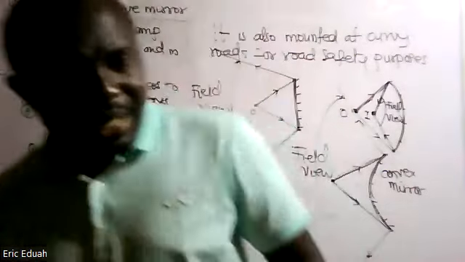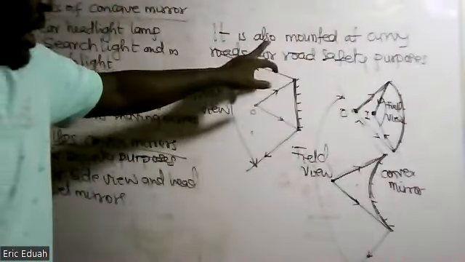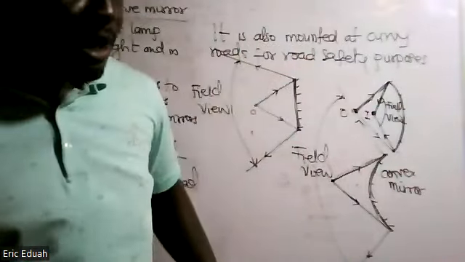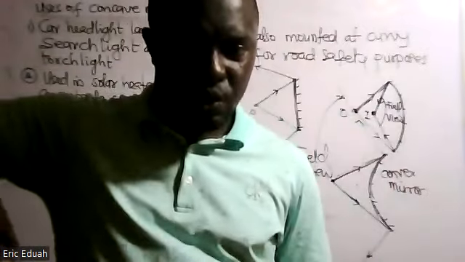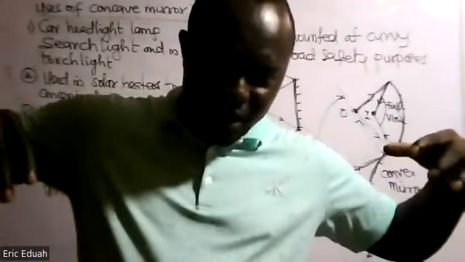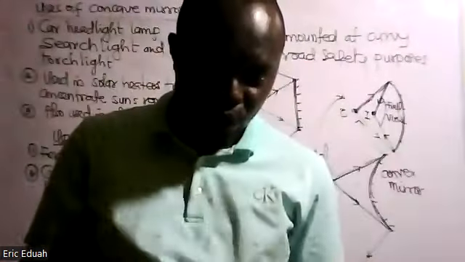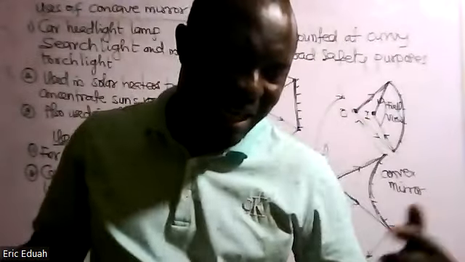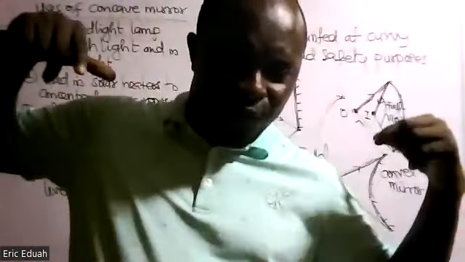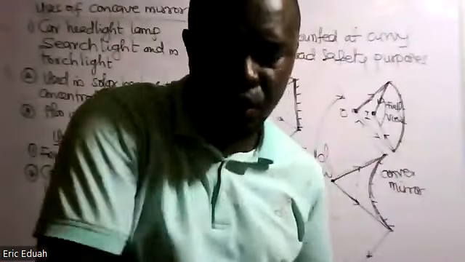Now, I also said that it is mounted at curvy roads. When you are driving and you get to areas where the road is curvy, because convex mirrors have a wider field of view, if you look through, you can have a better view of the space behind you.